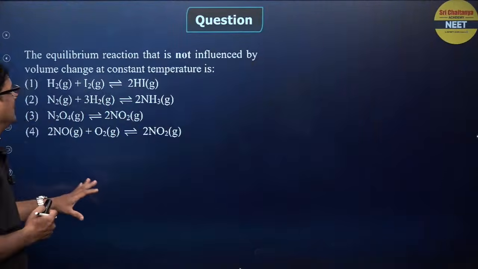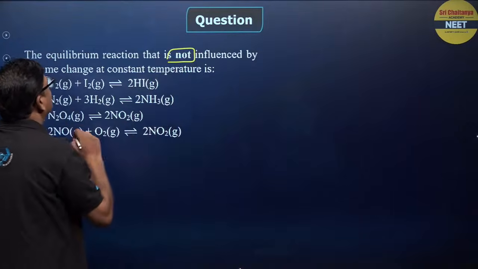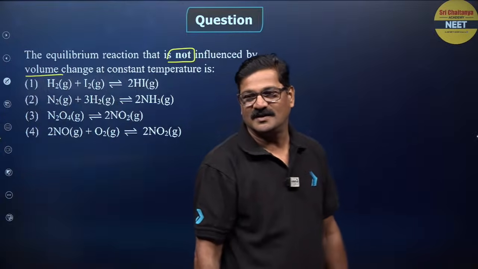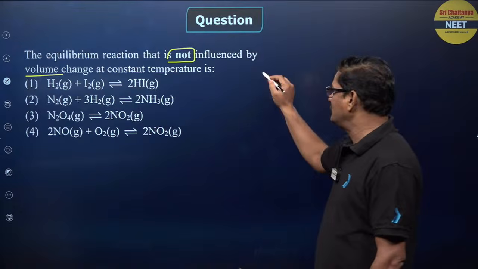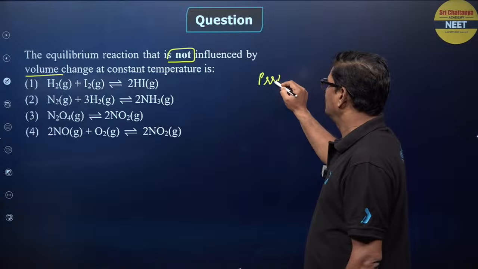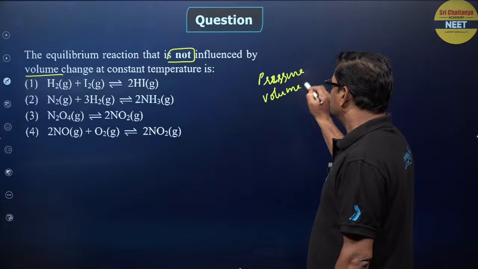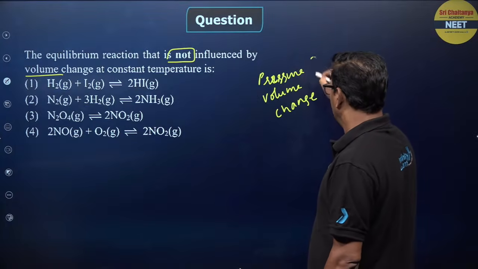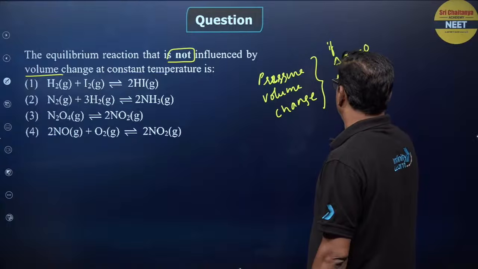Now, one more question here. The equilibrium reaction that is not influenced by temperature, volume change at a constant temperature. Come on, bacho. Pressure and volume change doesn't influence if delta N is equal to 0.